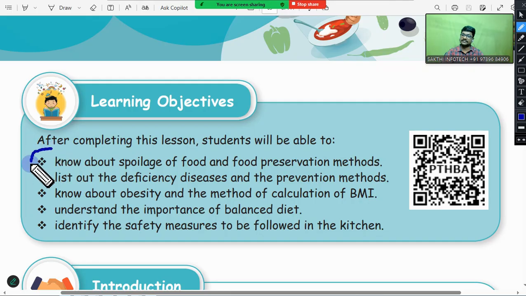Next sentence. Know about spoilage of food and food preservation methods. Read 2 times.